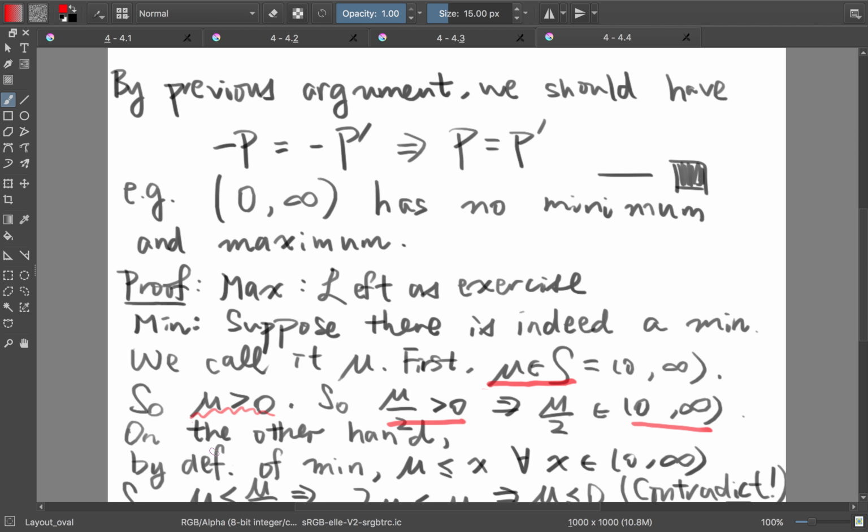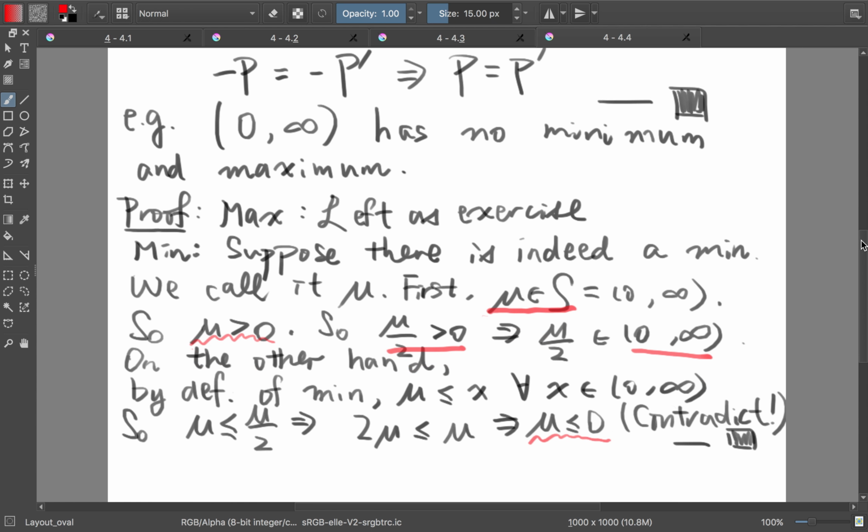On the other hand, by the definition of minimum, mu is smaller than or equal to x for all x inside this interval. And as mu over 2 is inside this set, we can replace this x by mu over 2, and therefore we get mu is smaller than or equal to mu over 2.